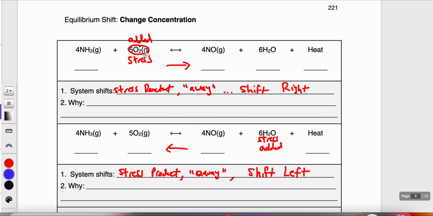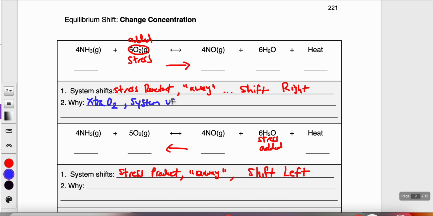So now we have too much O2. So we have extra O2 in the system. There's too much of it. So the system has to use up some of the extra O2.